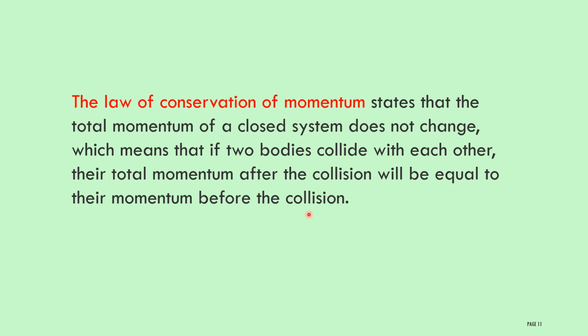The total momentum of a closed system always remains constant, it will not change. Which means the total momentum of the two bodies before the collision will be equal to the total momentum of the two bodies after the collision. That one is very important.